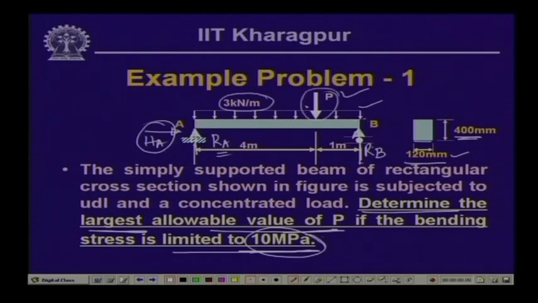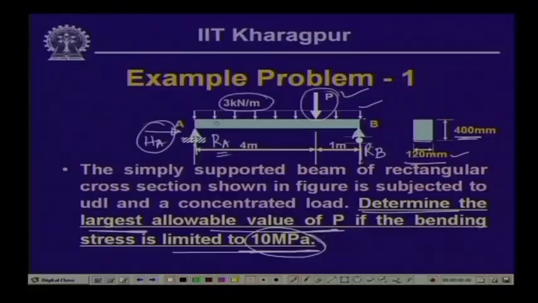Now, if we separate out these two loadings, as you know that we are dealing with the stresses within the elastic limit, hence we can individually calculate the effect of these two different loads and can superpose them, we will get the same effect as if we take the combined loading. So, we have seen that for uniformly distributed load the reactive values will be half of the total load, and for the concentrated load we can take in proportion to the distances.